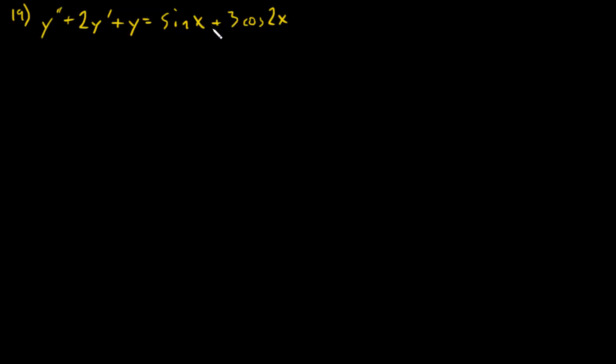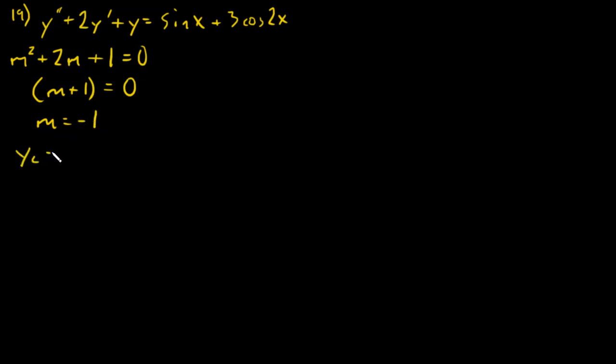So I can already see my guesses are going to be many. Here we go. Let's go ahead and solve the auxiliary. So m squared plus 2m plus 1 equals 0. That's going to be m plus 1 squared equals 0. And that means we have m equals -1, but it's repeated.